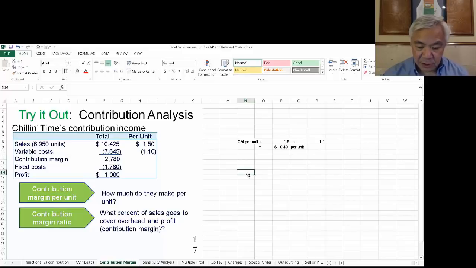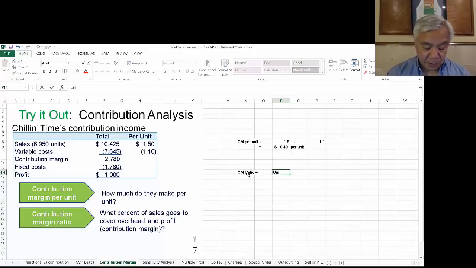So next is the ratio, CM ratio. The definition is we take the unit contribution, unit profit contribution, and we then divide that by the sales. So in this particular case, we could do it either on the unit level or the total. Let's do the unit level, it's easier.